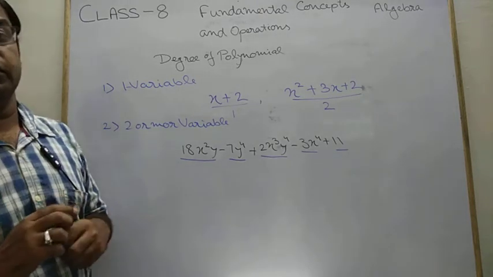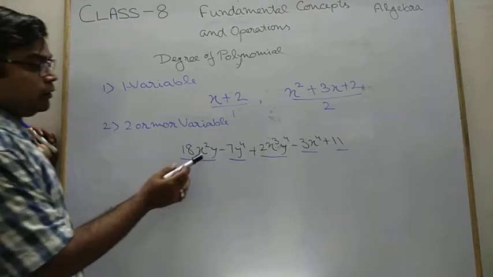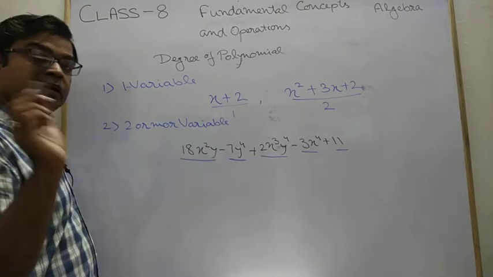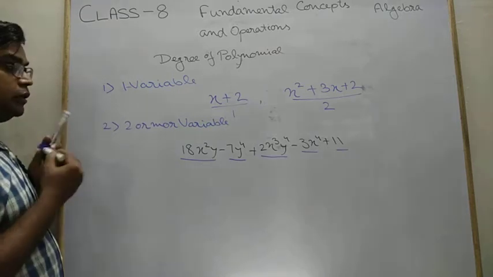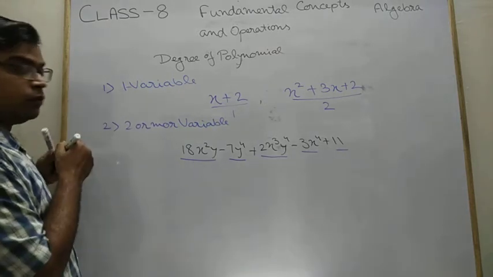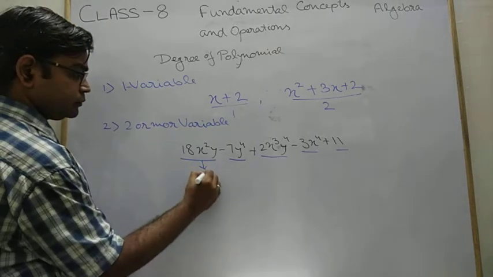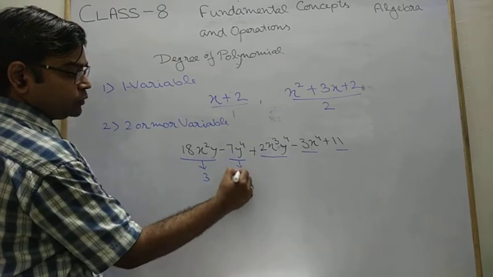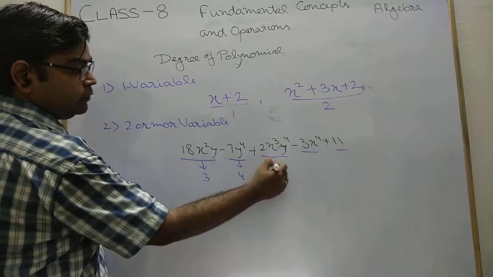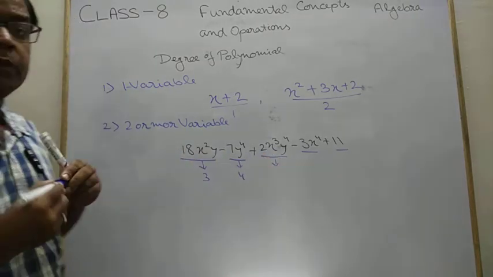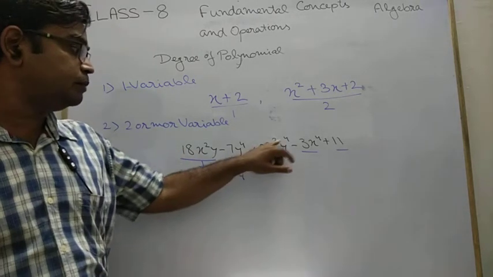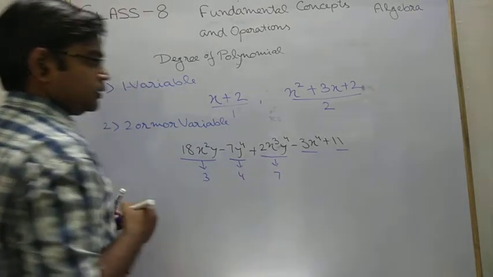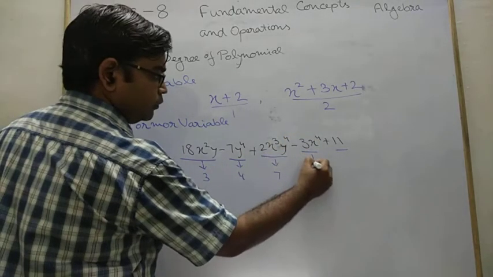In the first term, the power of x is 2 and the power of y is 1, so the total is 3. In the second term, y to the power 4, so it's 4. In the third term we must sum the powers of both variables: 3 plus 4 is 7. And in the fourth term we have 4.